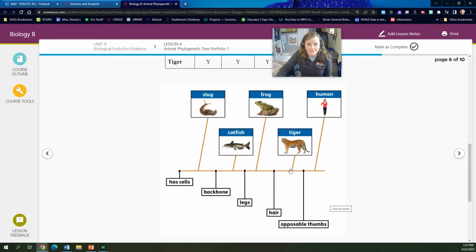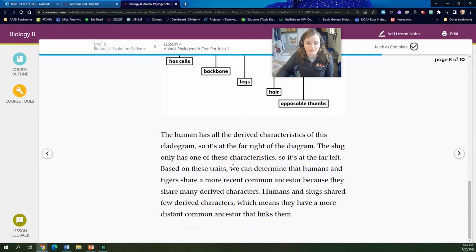You're going to provide a diagram or a picture that looks a lot like this. You can either make a computer picture like this if you want to do it on Word or something, or you can draw it. That's fine too. It can be drawn as long as you give me a picture of your picture. That's part of it.